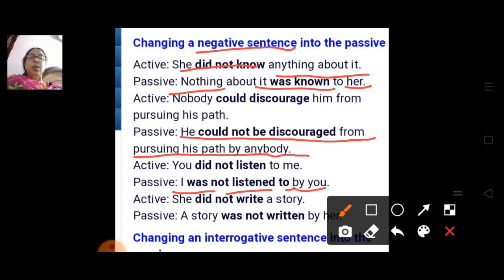A story was not written by her. So we just place not over here, and it becomes a negative sentence in passive voice. One thing to always remember: whenever we are making active to passive voice in simple past tense, we just use was, were and the third form of the verb. And if the active voice is a negative sentence, we just place not there.